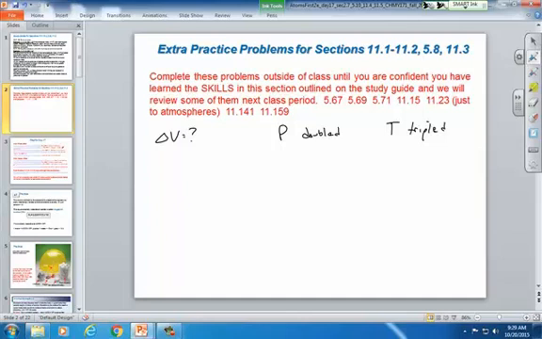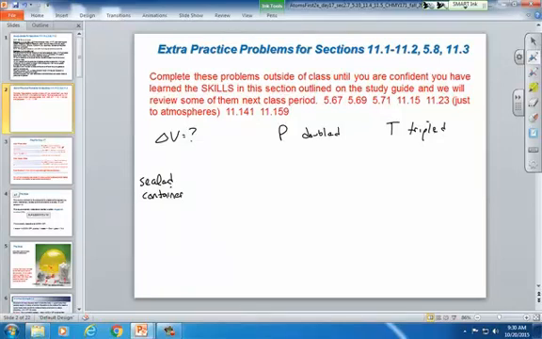Okay, so in this particular example, we want to know how the volume is going to change if the pressure changes and the temperature changes. It doesn't say anything about the quantity of gas, so we'll assume that the container is sealed, so no gas is leaking in or out.